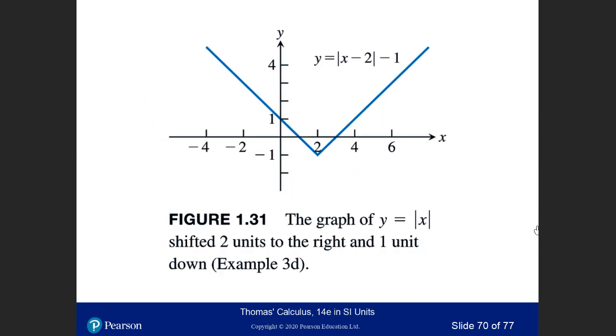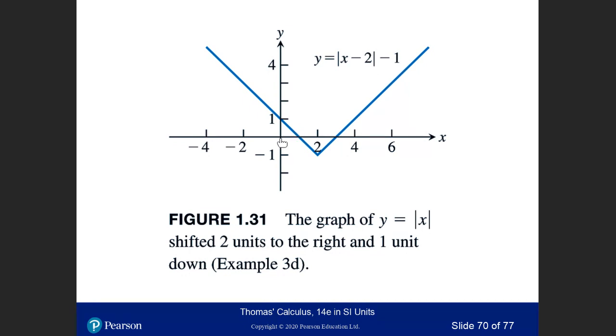Now let's look at this function. If you have just y is equal to absolute value of x at this point here, now you shift horizontally 2 units to the right, and then vertically you shift down 1 unit.